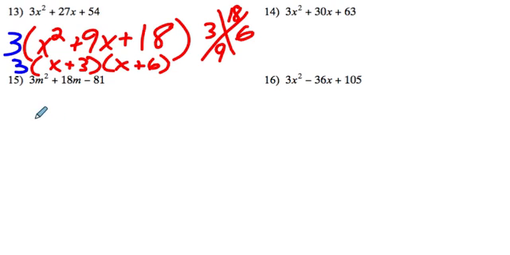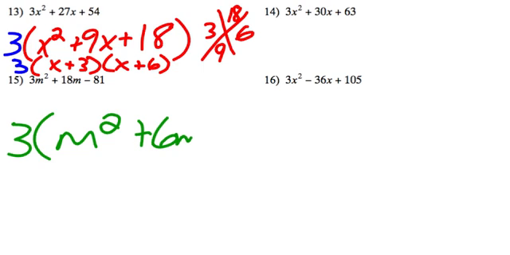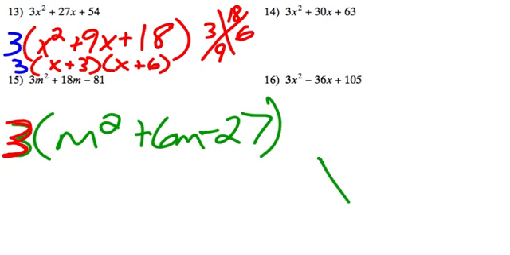Same with number 15. We can factor out a 3. We get 3 times m squared plus 6m minus 27. So now we're looking for numbers that multiply to negative 27 and add to 6.